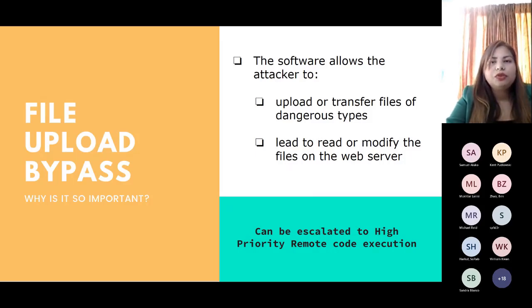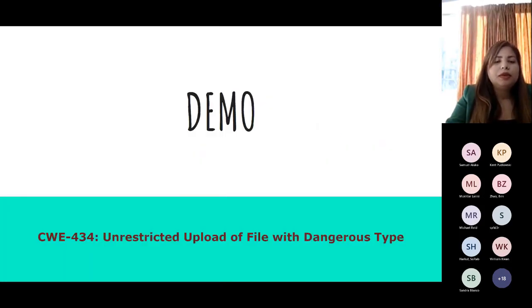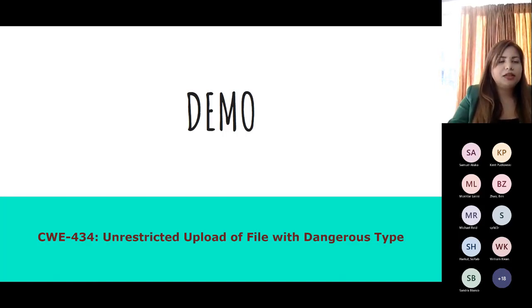So this software is allowed to upload and transfer files of dangerous types. This can lead to modification of the files on the web servers. Let's start with a quick demo. Again, I have mentioned CWE number 434, so you can go and search more about this later.